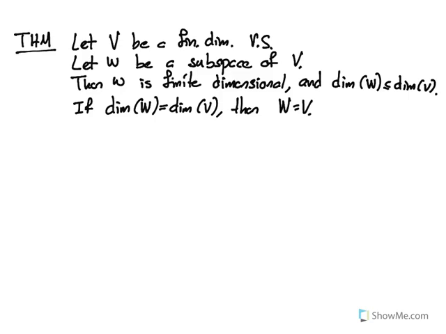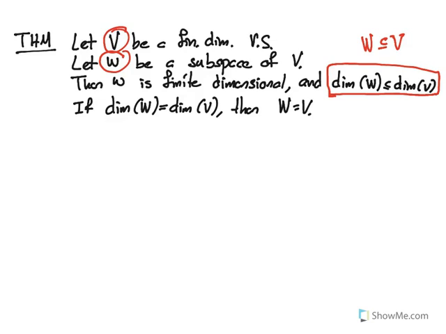The final theorem we'll go over in this section. This has been quite a long section, so make sure you go over this carefully. It says that if you have a vector space V, and W is a subspace of V, then the dimension of W is bounded by the dimension of V. You see the two notations: the inclusion sign, the subset sign, almost looks like the greater than or equal to sign.